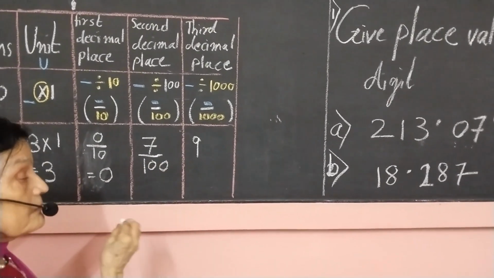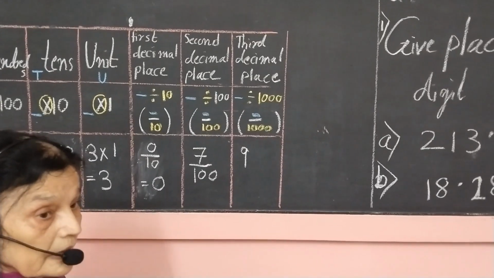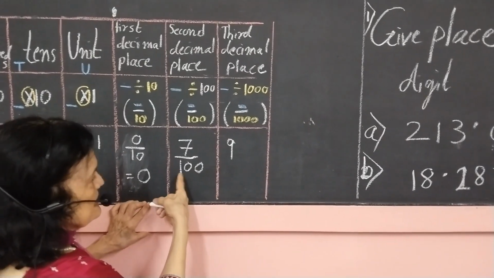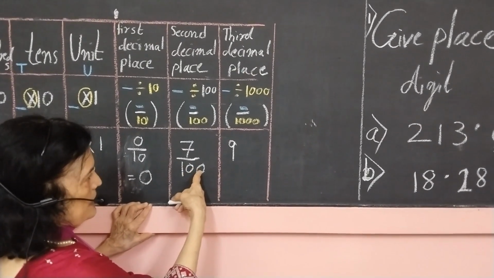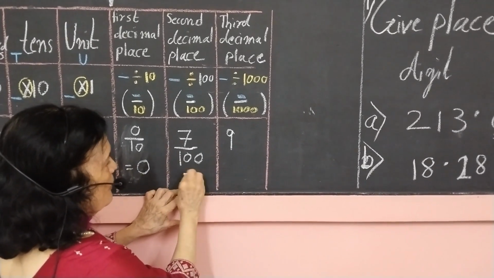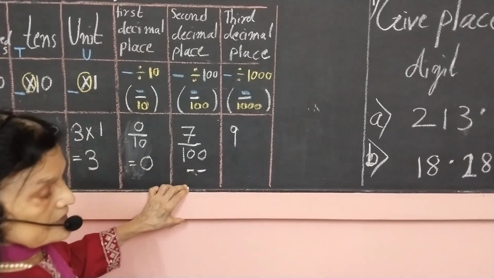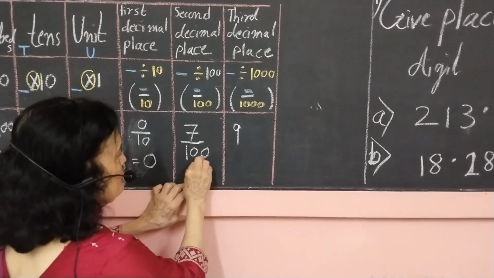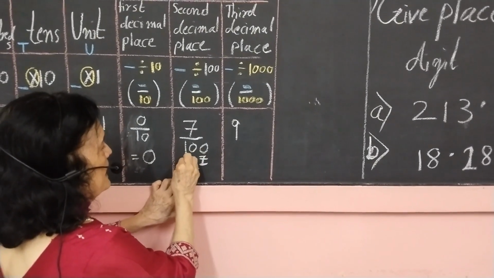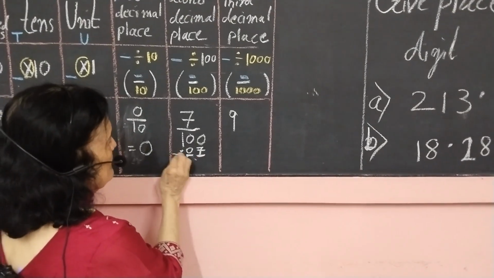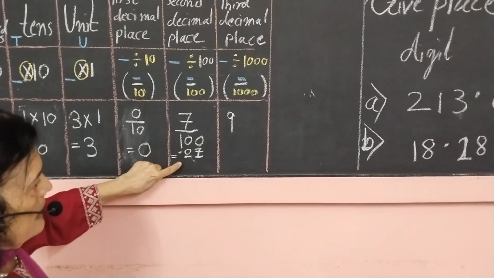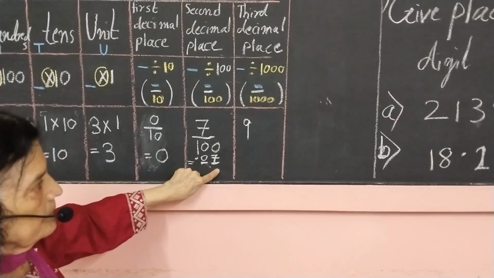But we have to give the place value with the decimal point also. So we can write that since on 1 there are 2 zeros, here in the numerator we will have to write 2 places. And hence 7 will go here, 0 will come here and the point will come here. So the place value you can write as 7 upon 100 or 0.07.